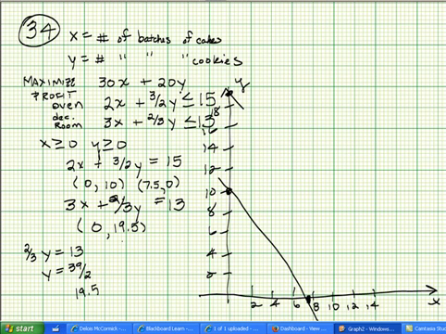Okay, and then when y is 0, x is 13/3, which would be 4 1/3. Here's 5 approximately, so 4 1/3 would be about here.